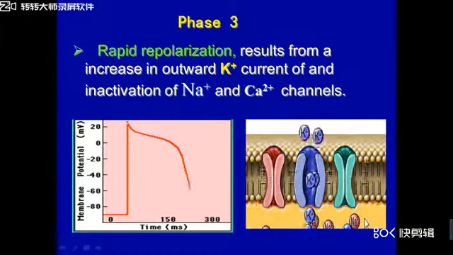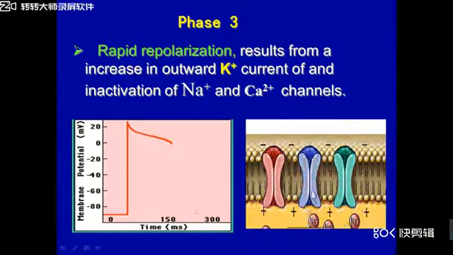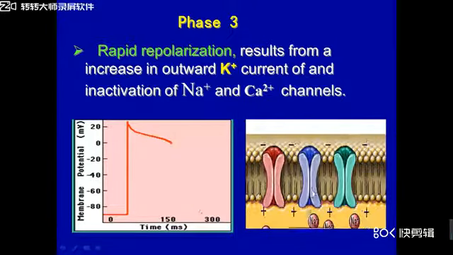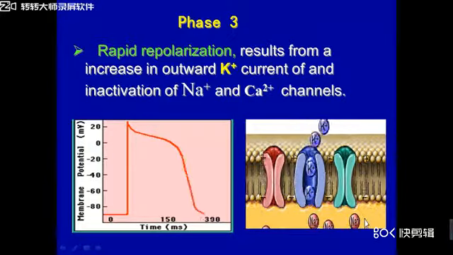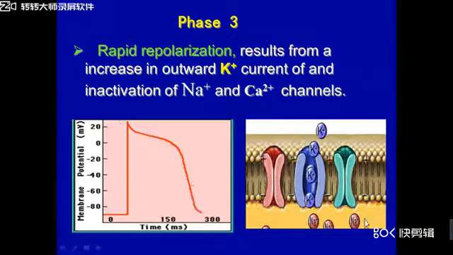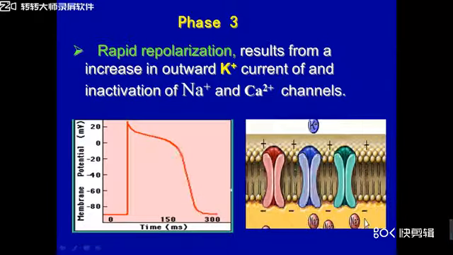And phase 1 to phase 3, we call the repolarization period. In the repolarization period, the major channel is the potassium channel, with potassium flowing outward. The potassium channel is the major channel from phase 1 to phase 2 to phase 3.